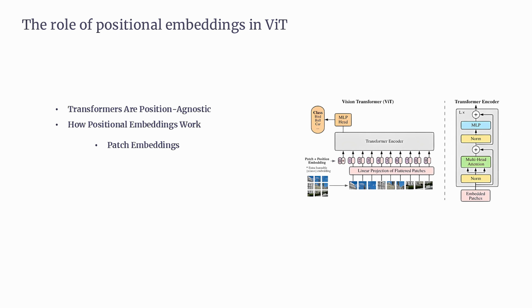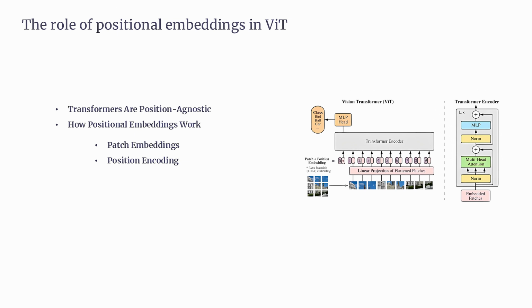The second, how positional embeddings work. 1. Patch embeddings. When the image is divided into patches, each patch is flattened into a vector, which is then projected into a higher dimensional space. These vectors form the patch embeddings. 2. Position encoding. To give each patch a sense of its position, a position encoding is added to the patch embedding.